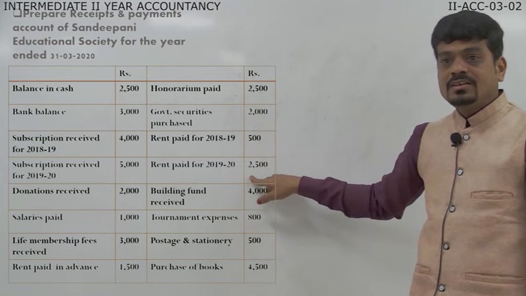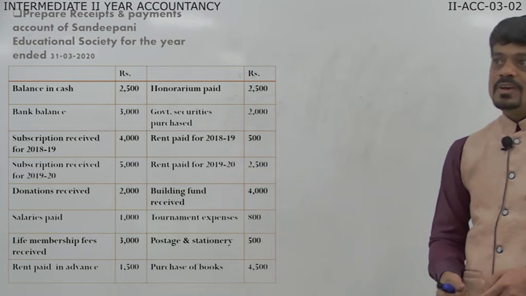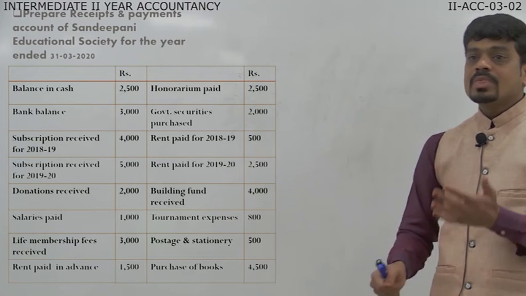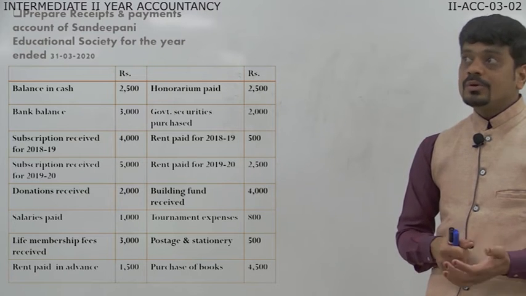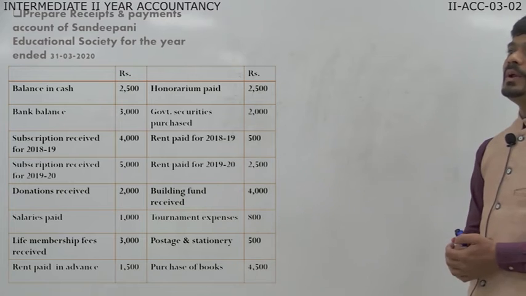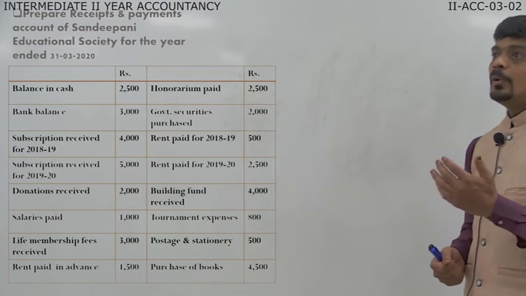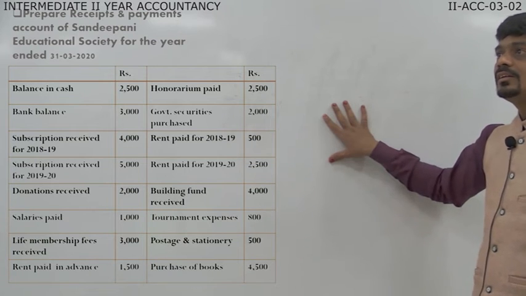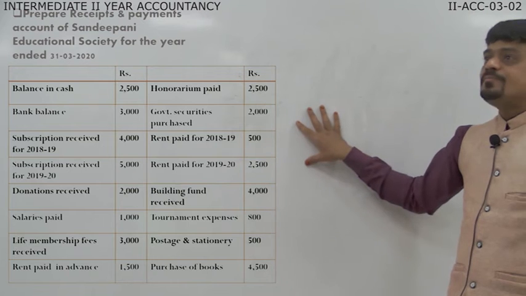Then donation received, salary paid, life membership fee, rent paid in advance, honorarium, government securities, rent paid for 2018 and 19, rent paid for 2019 and 20, building fund, tournament expense, postage and purchase of books. Again, we have to group them into receipts and payments.